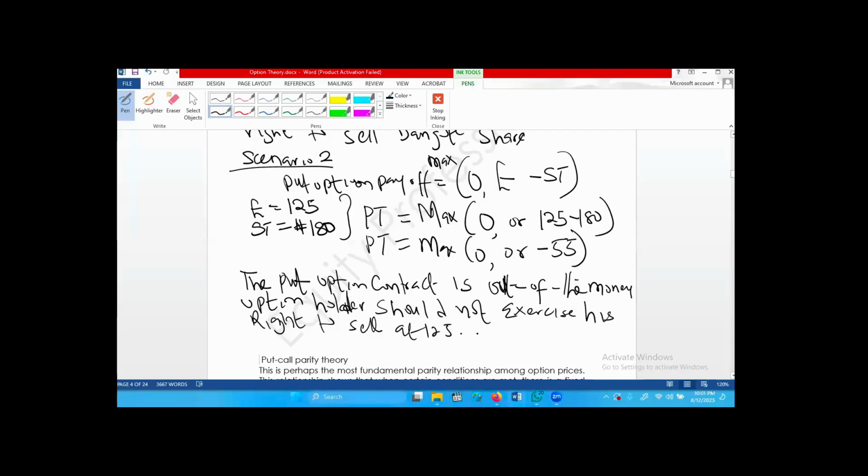In this case, the put option payoff is 0. That means opting out of the contract. You cannot go and sell at the stock market price, which is 180.